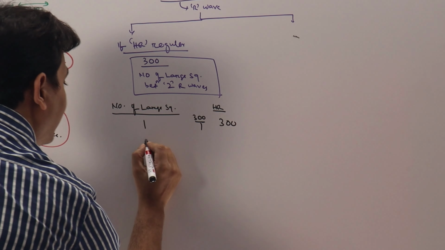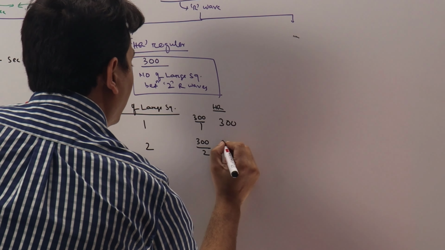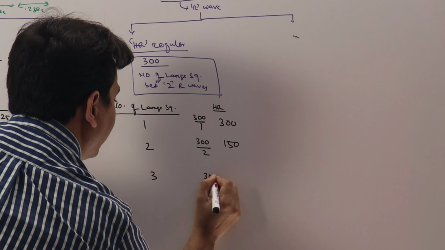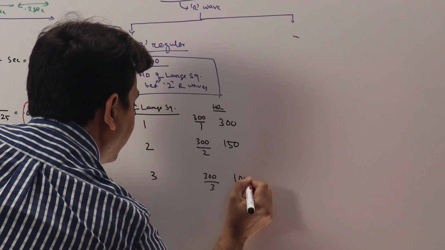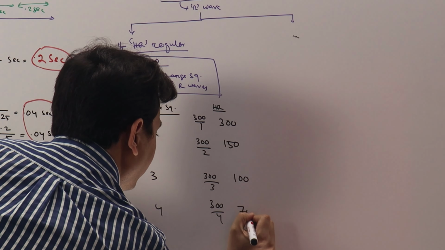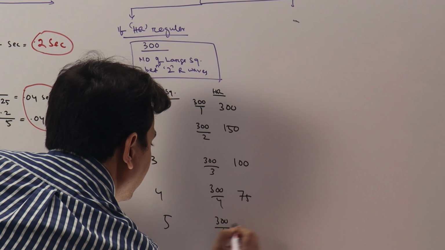If it is 2, then 300 by 2, which is 150. If it is 3, 300 by 3, it will be 100. If it is 4, 300 by 4, it will be 75. If it is 5, 300 by 5, it will be 60.